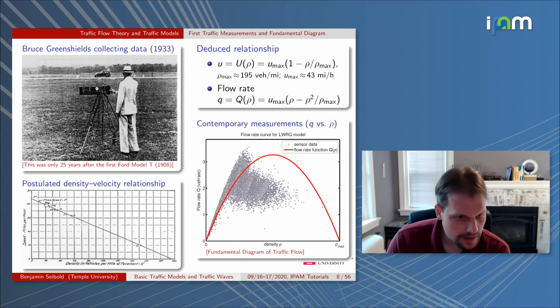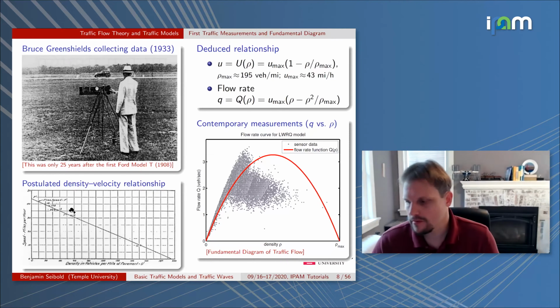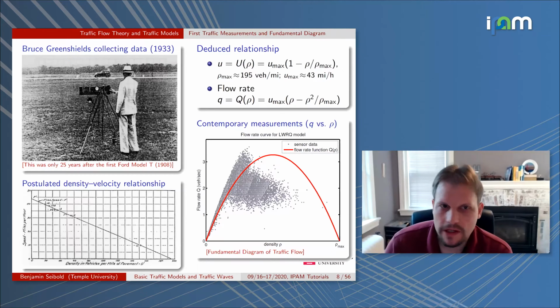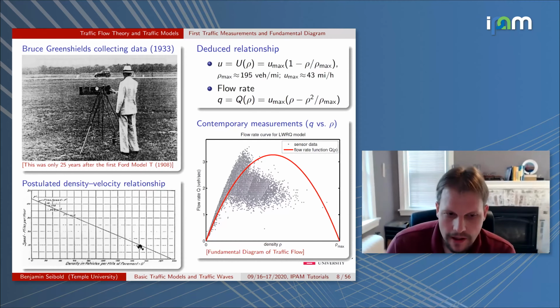And you see here he collected these data points, right? And he noticed that, unfortunately for him, you don't see too much congestion on that road because there were not that many vehicles on the road yet. But he found one spot somewhere else, and you can ask Dan Work for some stories about where somewhere else was, because it's quite funny. So, another data point, and you see that these data points lie beautifully, suspiciously beautifully, on a straight line, but that was what he observed.